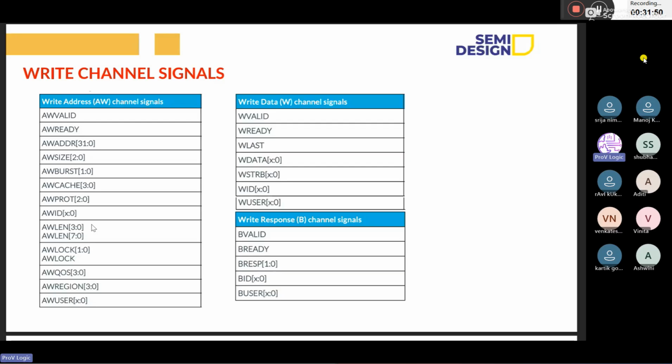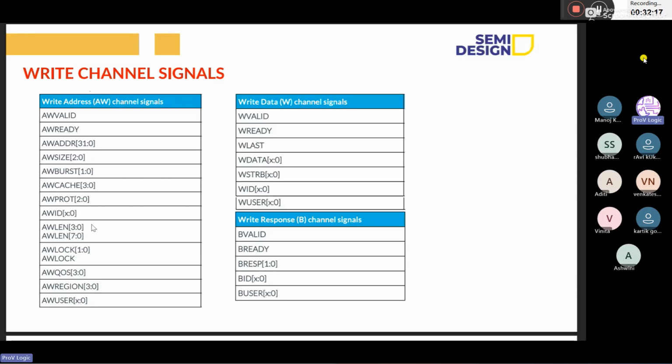So 32-bit data or 64-bit data or 128-bit data, it depends. Even the strobe is either 4-bit, 8-bit or 16-bit. Strobe is nothing but just whether a byte is valid or not. It just checks that. Suppose write strobe is equal to 1111, 4-bit, it means all bytes are valid in that 32-bit bus.